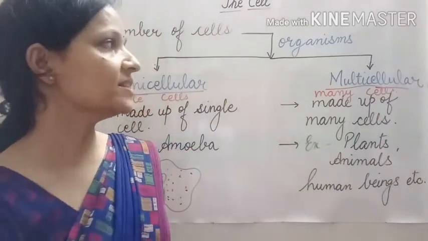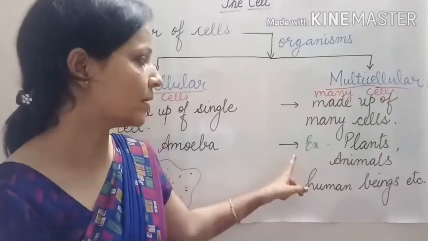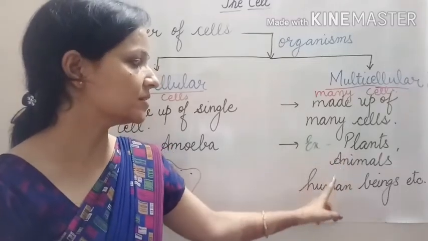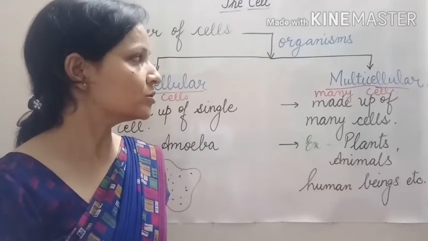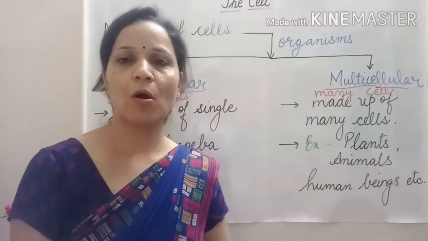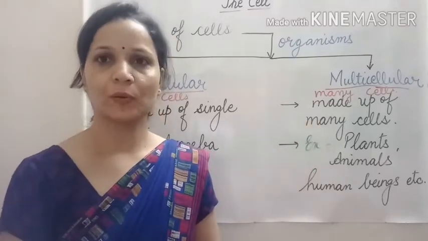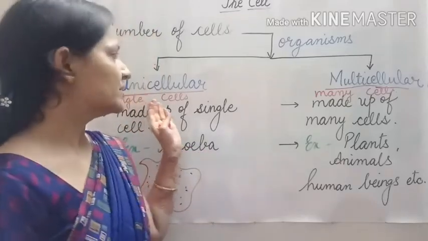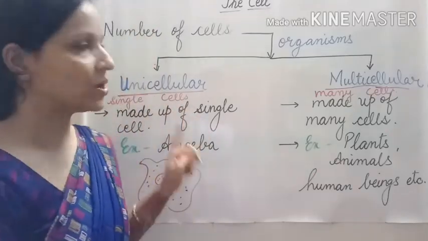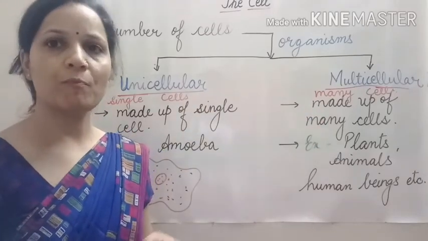So multicellular organisms are made up of many cells. For example, plants, animals, human beings. Multicellular organisms carry out their metabolic activities with specific cells. So unicellular organisms are made up of one cell, and multicellular organisms are made up of many cells.